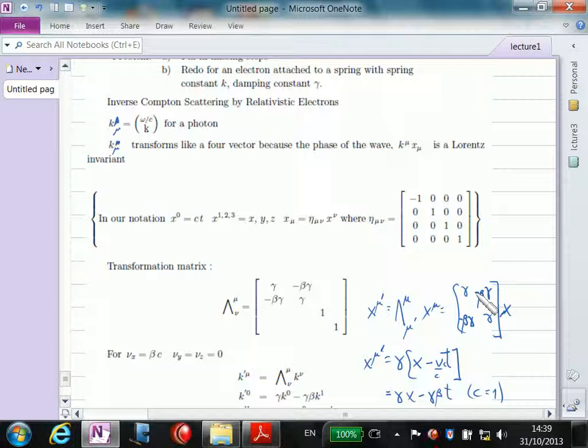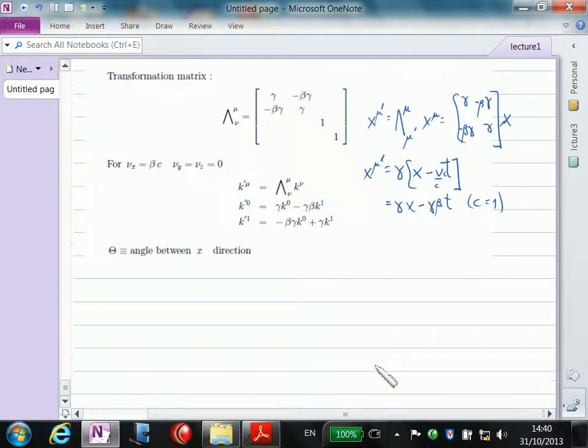And so if you just do it once with plus beta and once with minus beta, you get back to where you started. Okay.